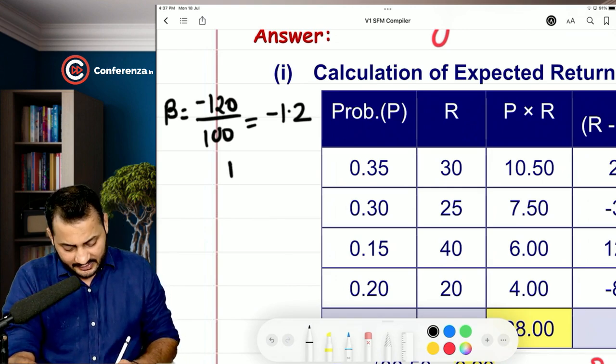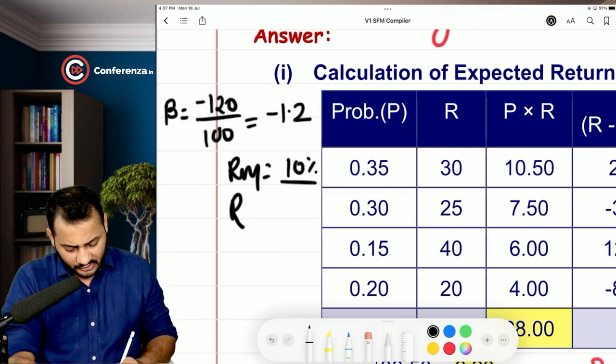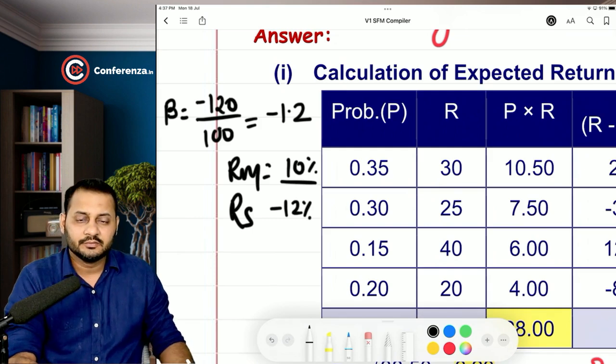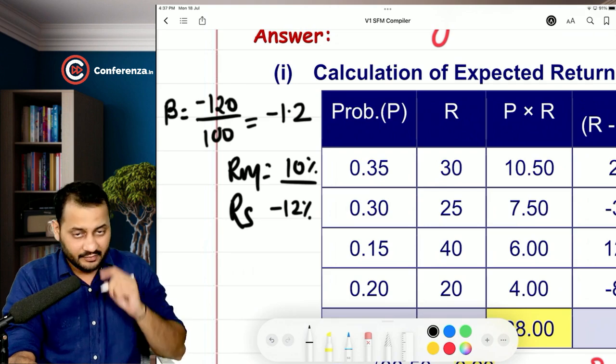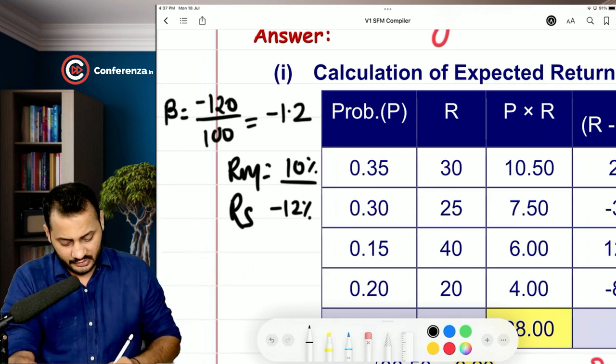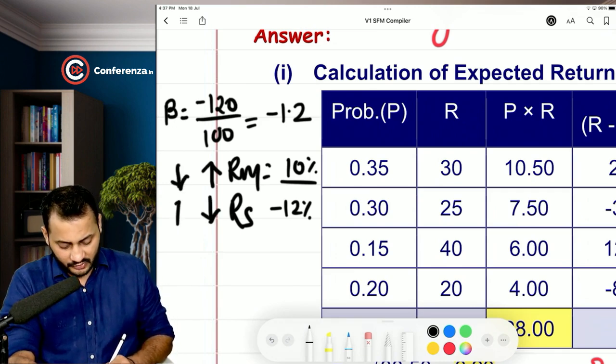If the market's return is 10%, the stock's return will be minus 12%, that is 10 into minus 1.2. So we can clearly see that when the beta is negative, if the market is going up, the stock will go down. If the market is going down, the stock will go up.